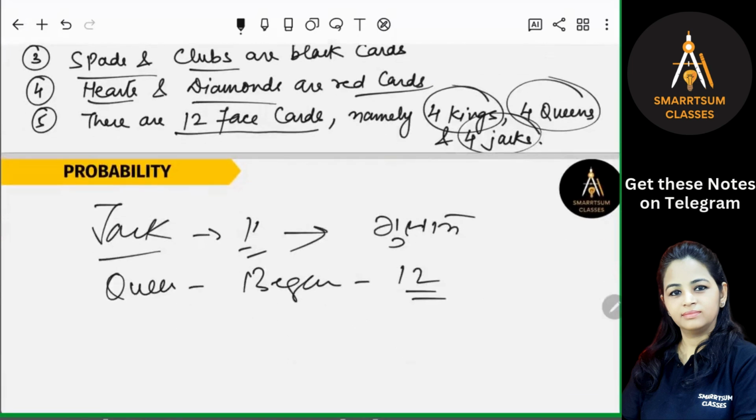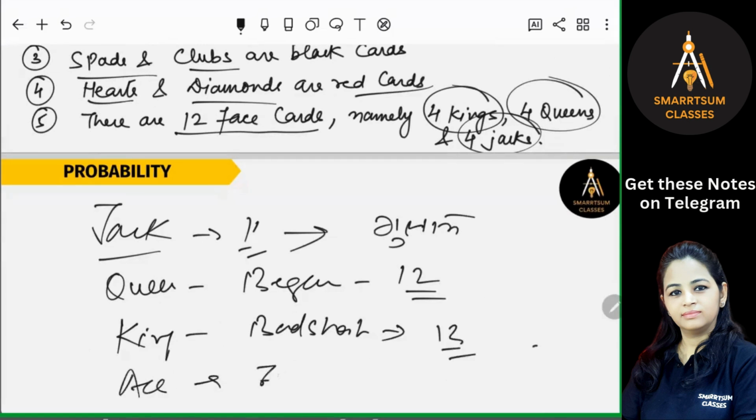Then Badshah, that is the king, and its number is 13. Ace is Ikka in Hindi, and its value is 1. So these are the different kinds of cards in a 52-card deck, and we should know about these before solving the numericals.